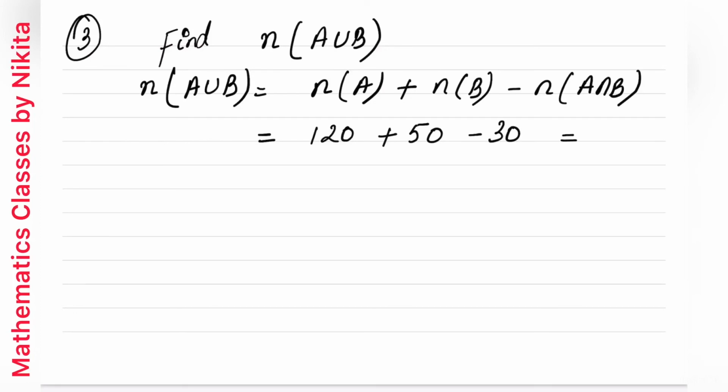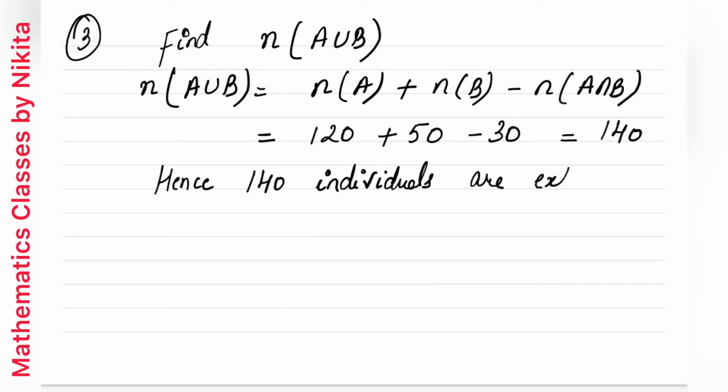So this will give you 140. So therefore, hence 140 individuals are exposed to chemical C1 or C2. So we have finished this portion.